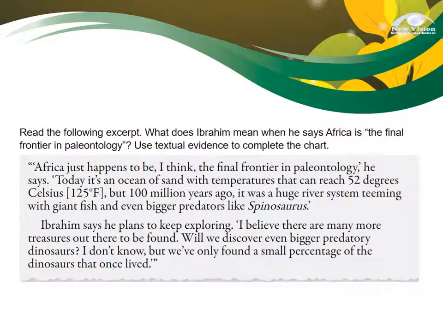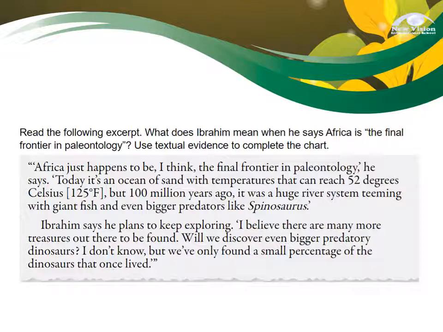Now let's try to make an inference on this excerpt. What does Ibrahim mean when he says Africa is the final frontier in paleontology? Use textual evidence to complete the chart. This is the text. Africa just happens to be, I think, the final frontier in paleontology, he says. Today, it's an ocean of sand with temperatures that can reach 52 degrees Celsius, equivalent to 125 degrees Fahrenheit.